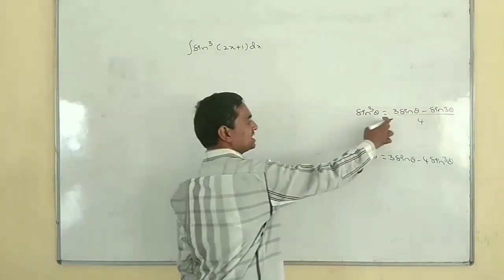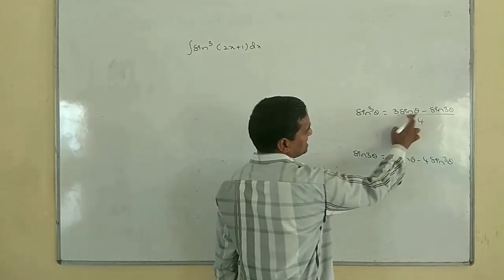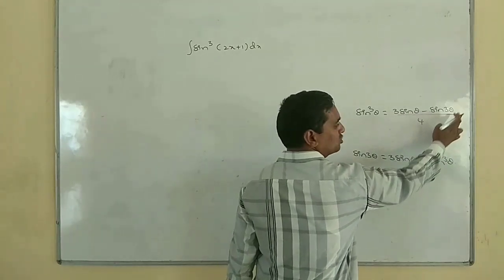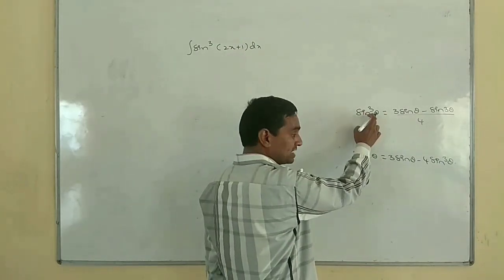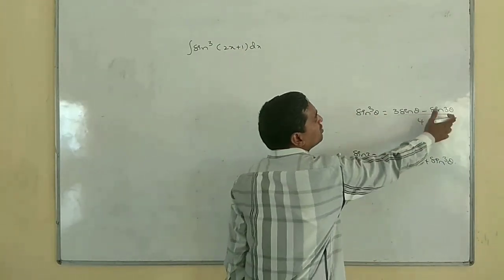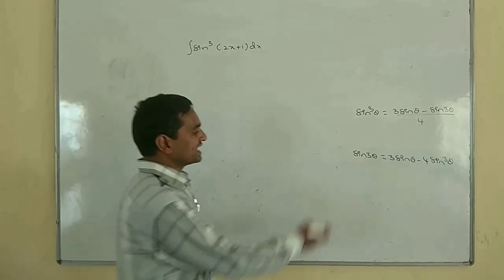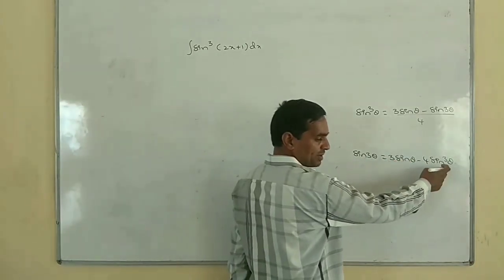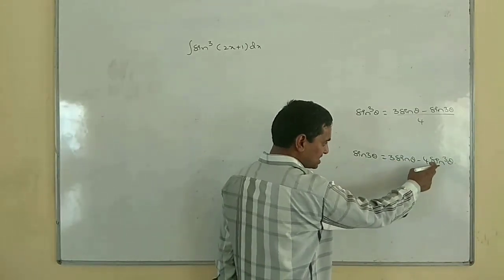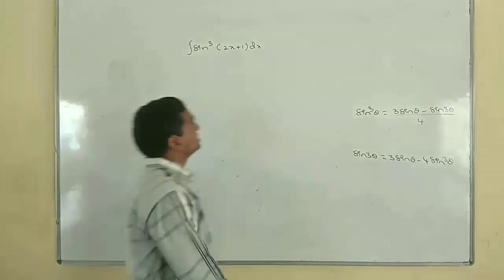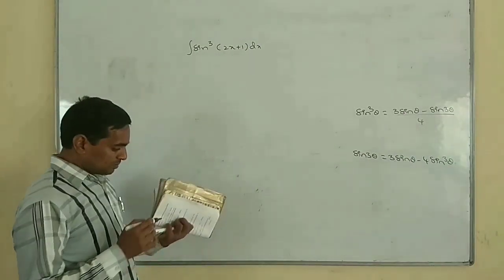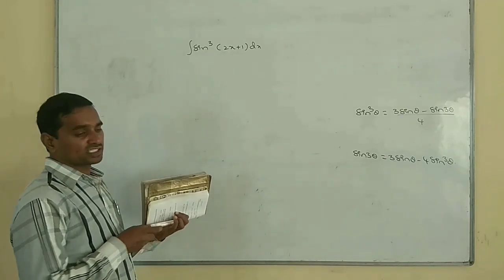The cube is converted into multiple angle. From the sin 3 theta formula, 3 sin theta minus 4 sin cube theta, we move the sin cube theta to the side. Here in place of theta we take 2x plus 1.